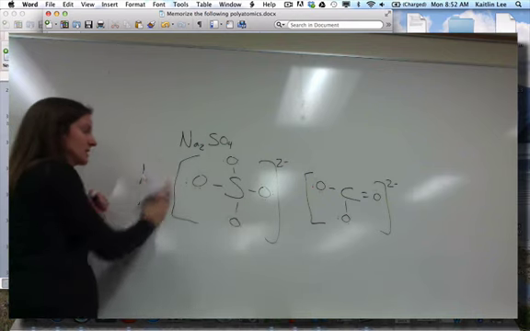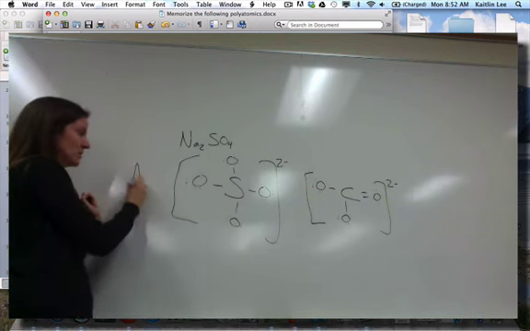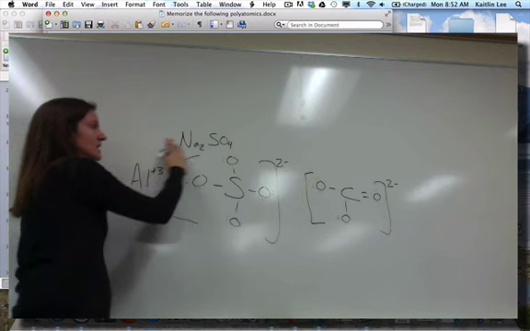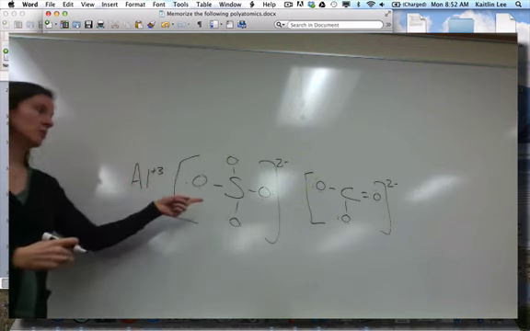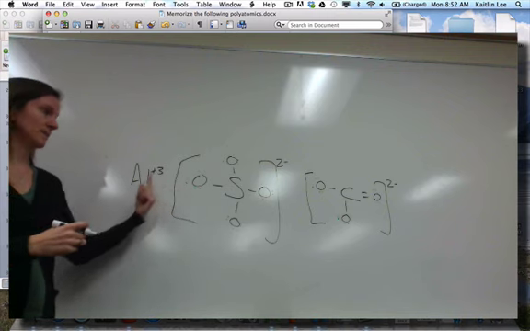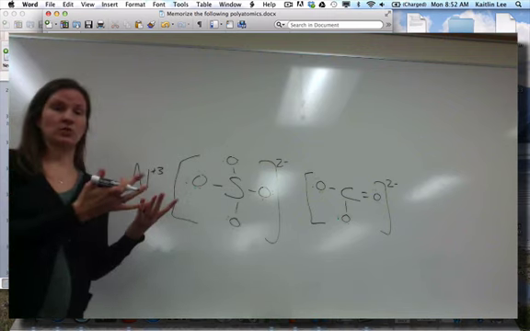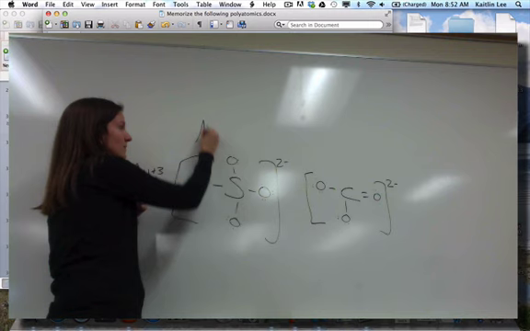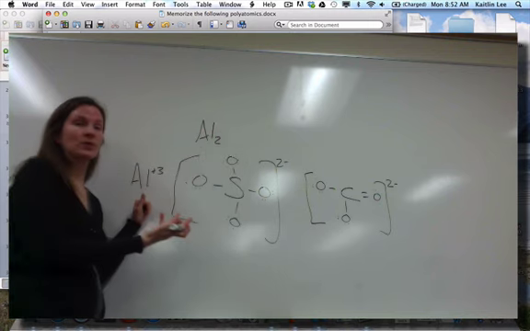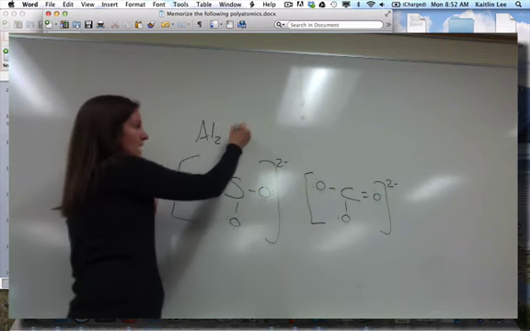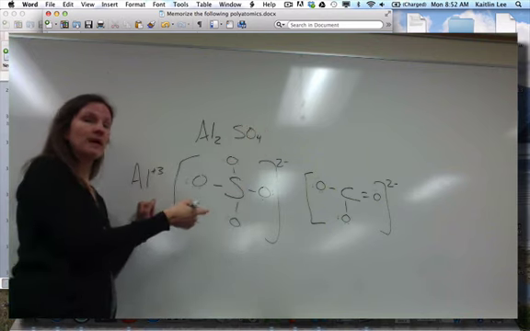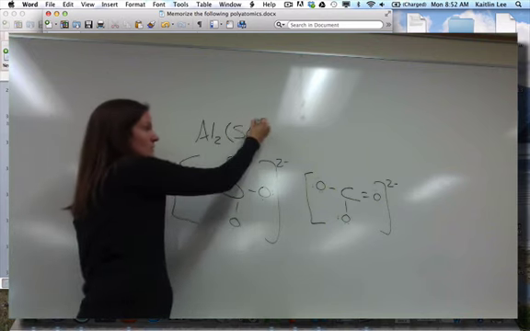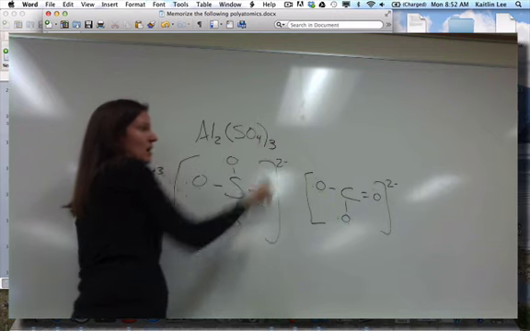Let's say, for example, this was bonding with aluminum, one of our hardest cases. If you're bonding with something where you need more polyatomic ions to make this balanced or neutral, for the aluminum you'll put your subscript below just like normal, but for the polyatomic ion, SO4, in order to indicate we need 3 of them, you're going to bracket the polyatomic ion and put the 3 on the outside.